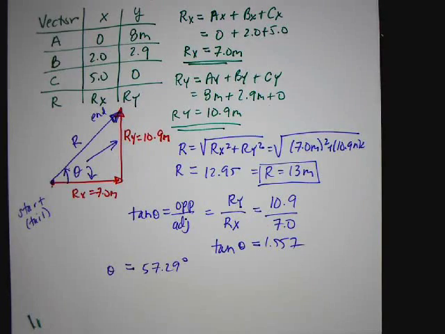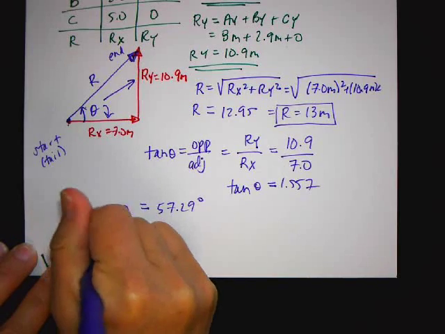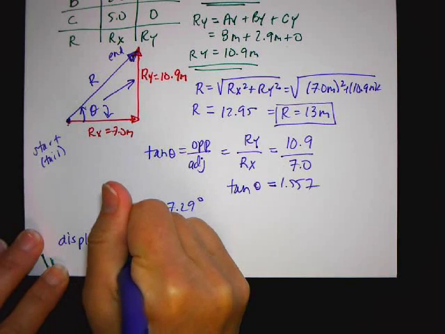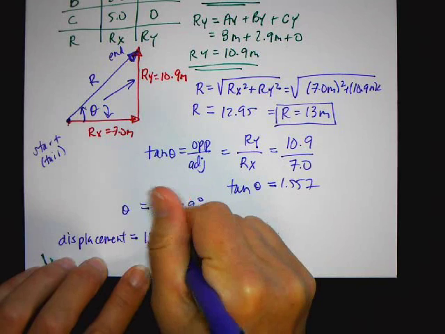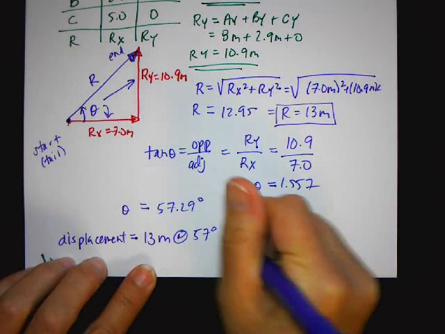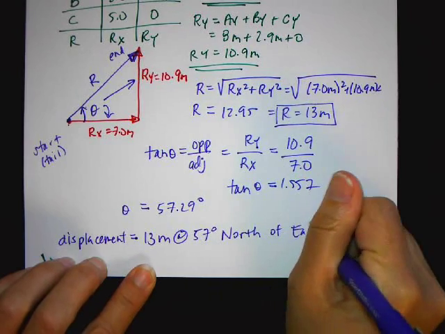So the key to doing these types of problems is you don't try and do stuff in your head. The more you write down on paper, the less likely you are to make a mistake. So when we do this problem, the first thing is I draw each vector individually. I find the horizontal and vertical component of each vector.